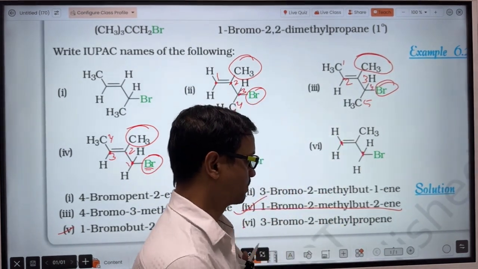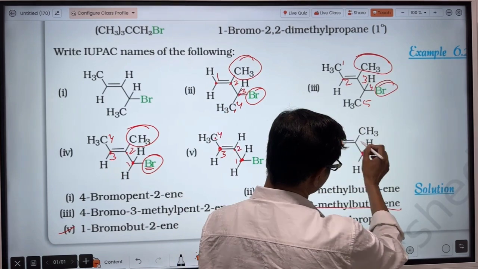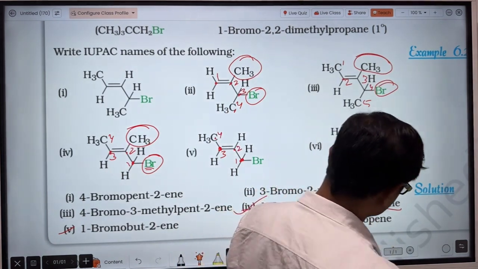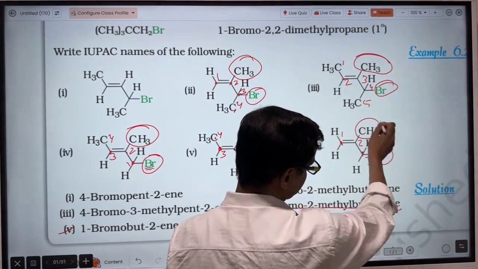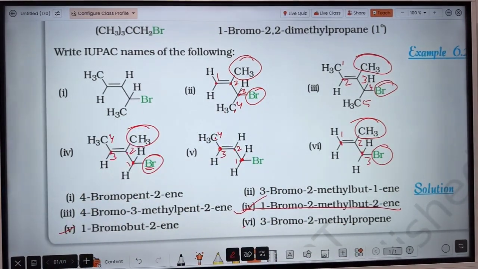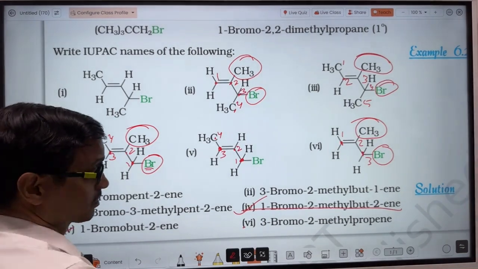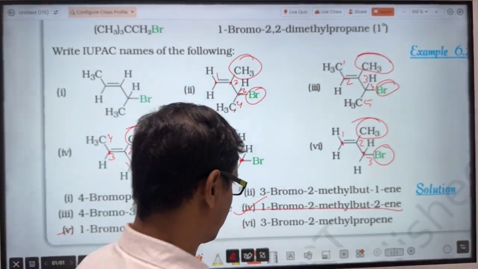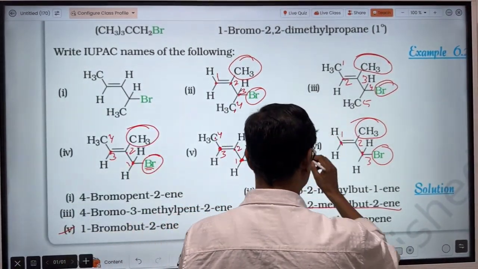That is possible when we do the numbering from 1, 2, 3. Here bromine is a substituent and methyl is a substituent. In alphabetical order, B comes first and then M. So that's why 3 bromo, 2 methyl, propene. So 3 bromo, 2 methyl.